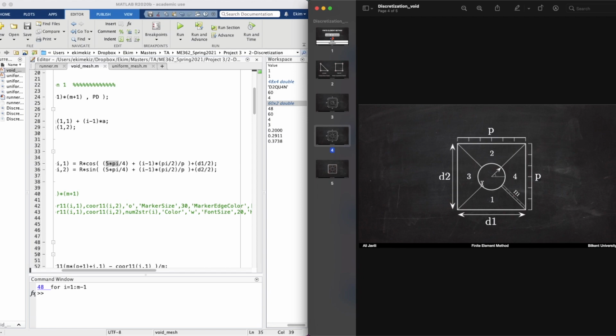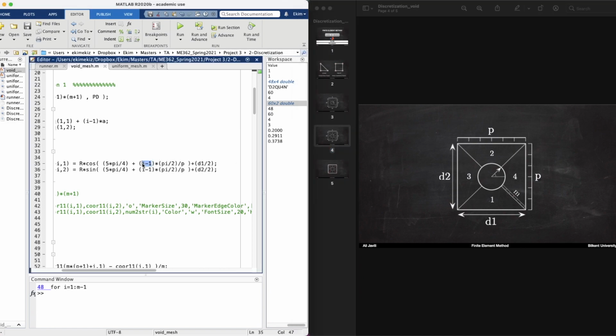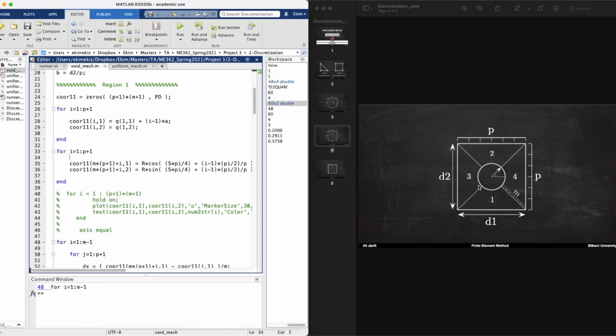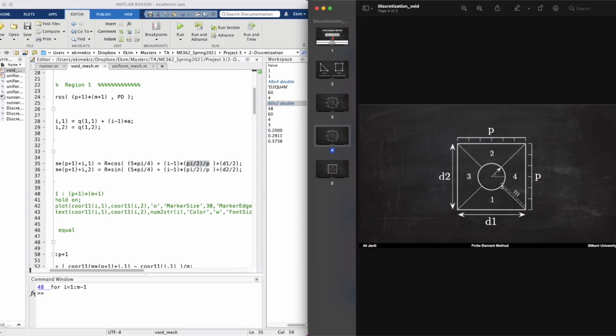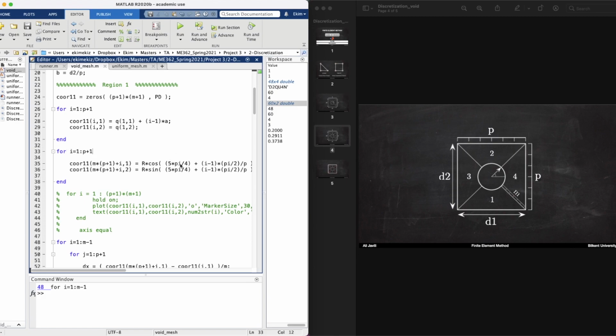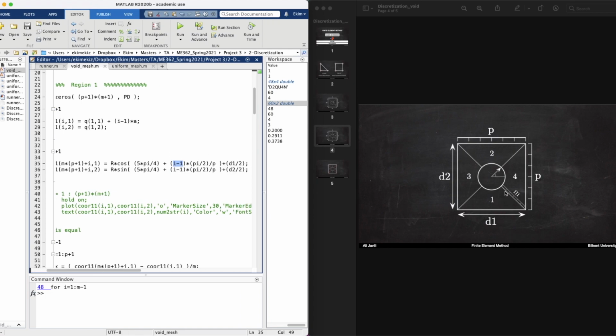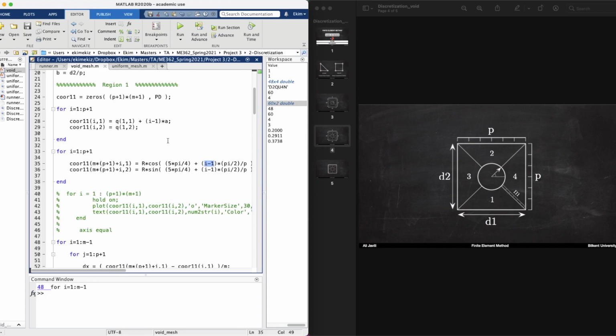So at the very first node, we don't add anything, so I minus 1 is 0. And at the second node, now we should add pi over 2 over p, right? Because all of this arc was pi over 2. So when I is 2, now this thing becomes 1, so we add 1 increment. And then we do that for every node on the loop.